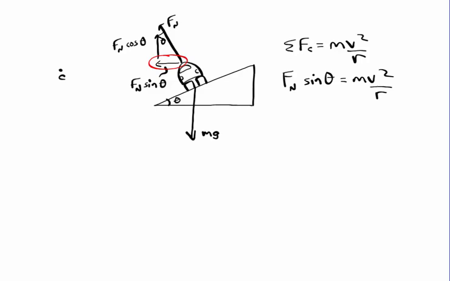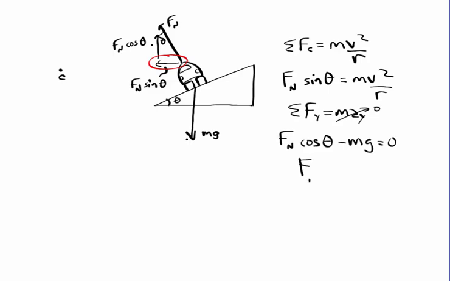However, we still have forces, one pointing down and one pointing up, which means that if I use Newton's second law, and since I'm accelerating towards the center of the circle, this has to be 0, I can say that the up force, Fn cosine of the angle, minus the down force equals 0, which means that the normal force times the cosine of the angle equals mg.